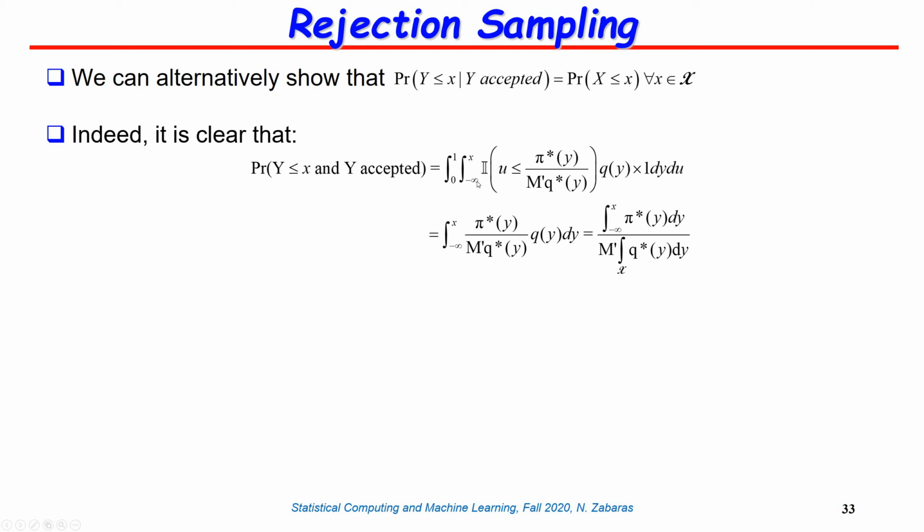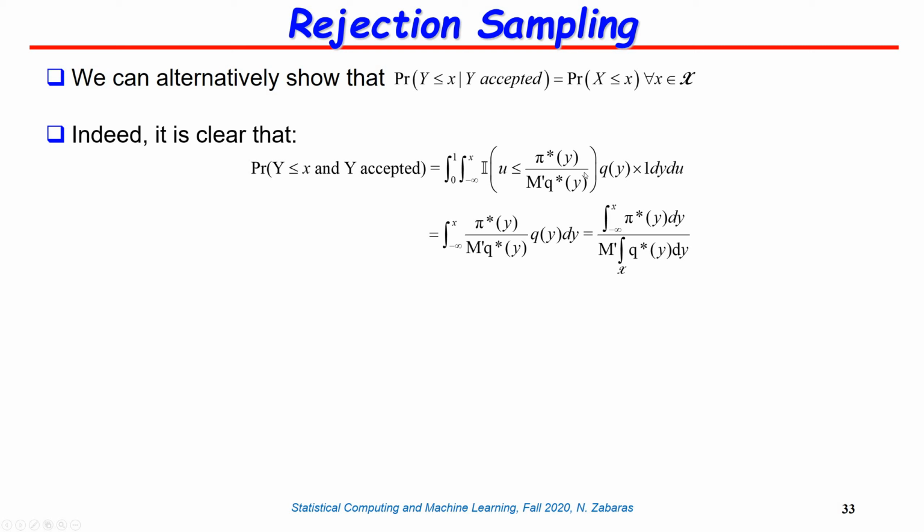That's this integral that you see here from minus infinity to x, where y comes from the distribution q of y dy. This reminds you of the CDF computed at x. This is the integral of q of y dy, and then I have y accepted.